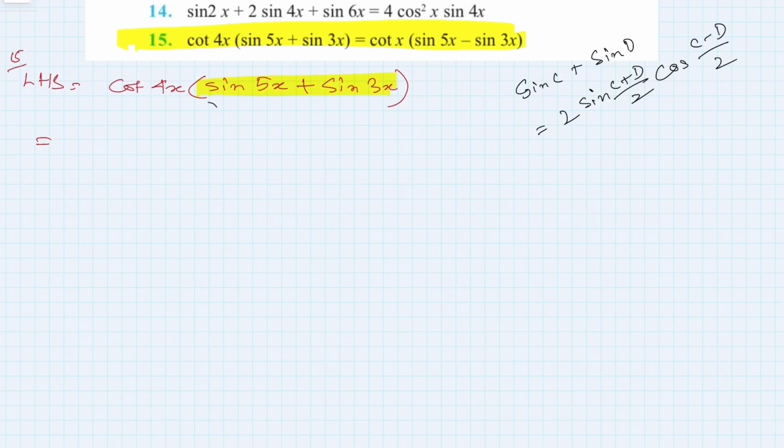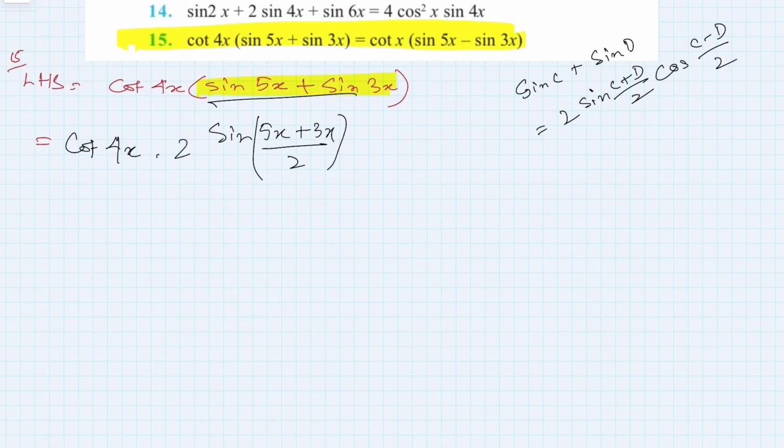Let us use it here. So cot 4x into 2 sine (5x plus thrice x divided by 2) cos (5x minus thrice x divided by 2).